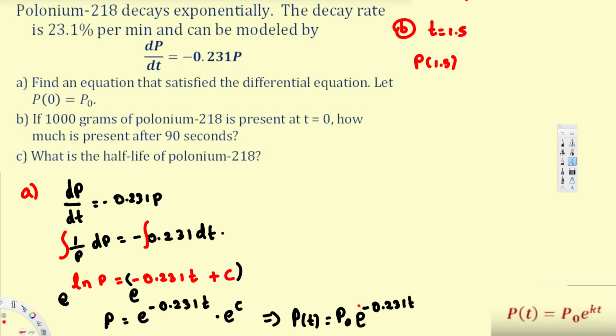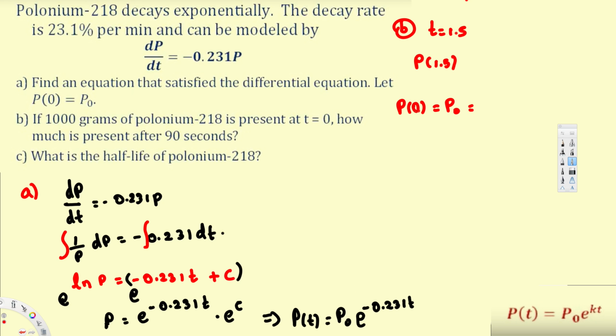So we are going to apply this equation, and before we do that we have to know what the P(0) value is, right? To find P(0), we plug in 0 for t. P(0) is P0, and here instead of t we plug 0.